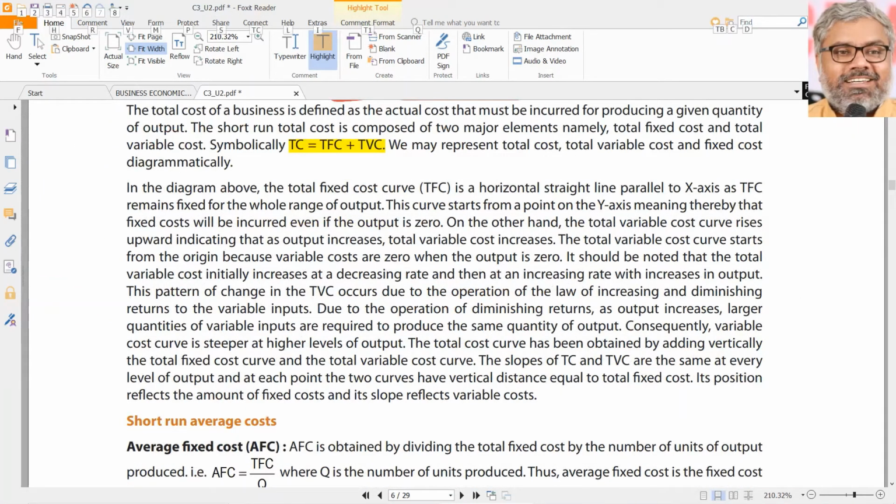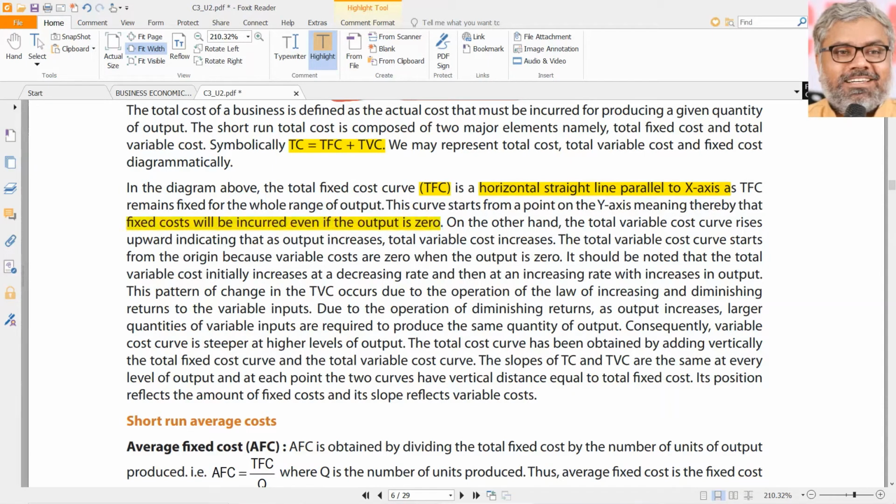Now, as we already observed, how is the total fixed cost curve? Naturally, it is a horizontal straight line parallel to the x-axis. Why is that? Because it remains constant for the whole range of output, naturally, right? And this curve starts from a point on the y-axis, which means that the fixed cost will be incurred even though the output is 0.